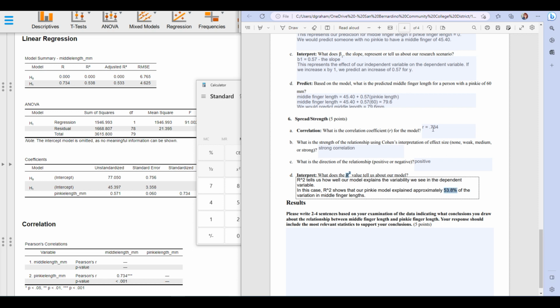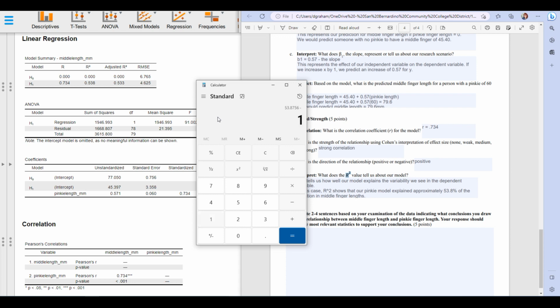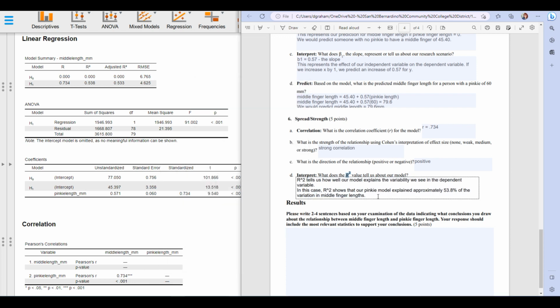This represents a very strong correlation. It's explaining a lot of the variability that we see. If this is 54%, then approximately 46% is not being accounted for by our model. And again, this is how much this is helping us to explain why we see those differences in our dependent variable.